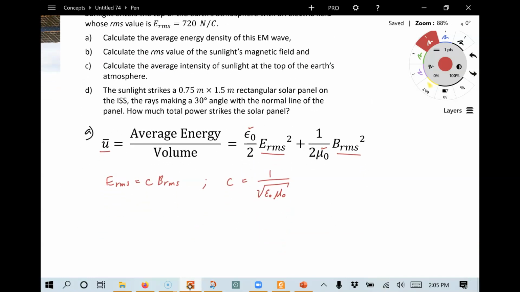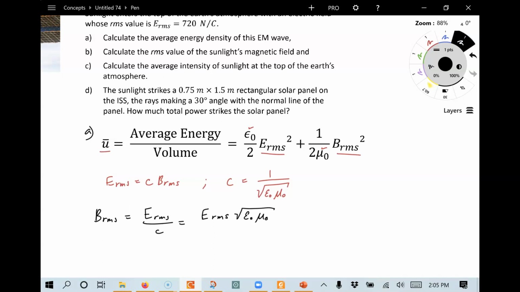So let me write B RMS in terms of E RMS. B RMS, from the first equation, is equal to E RMS divided by C, which combined with the other equation that we just wrote for the speed of light, becomes E RMS multiplied by the square root of epsilon naught mu naught, since that's a reciprocal.